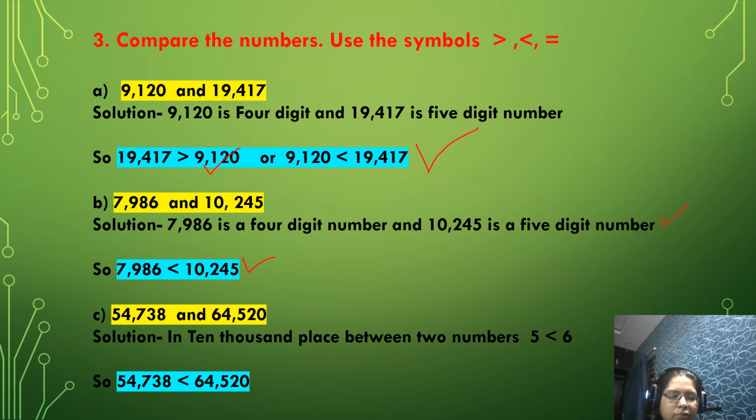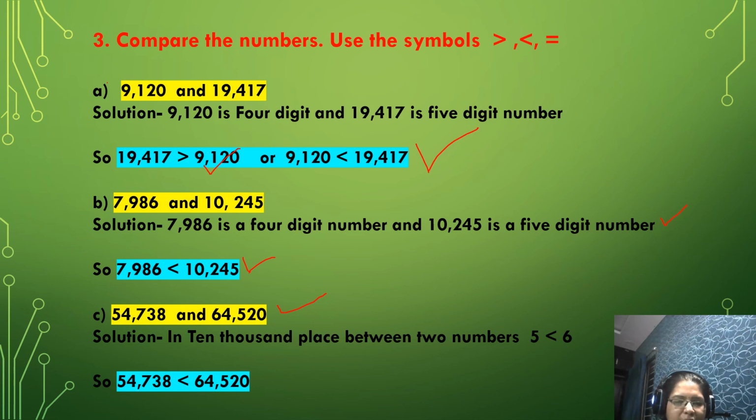Third numbers are 54,738 and 64,520. We read them as 54,738 and 64,520. 54,738 is a 5-digit number and 64,520 is also a 5-digit number. So now we have to compare the place values. In 54,738 the digit in the 10,000 place is 5, and in 64,520 the digit in the 10,000 place is 6.